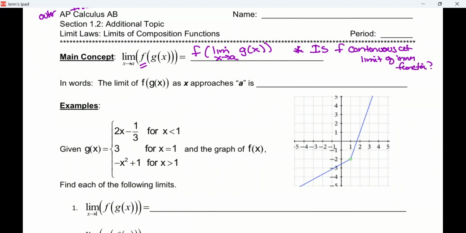As long as f is continuous, then I'm just going to be taking the value of f at that particular limit. So in words, the limit of f of g of x as x approaches a is f of the limit as x approaches a of g of x.